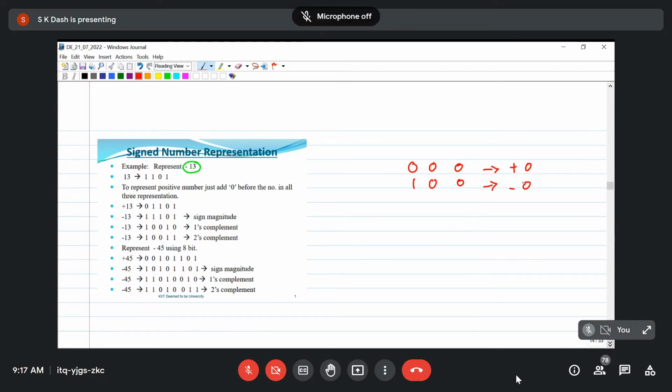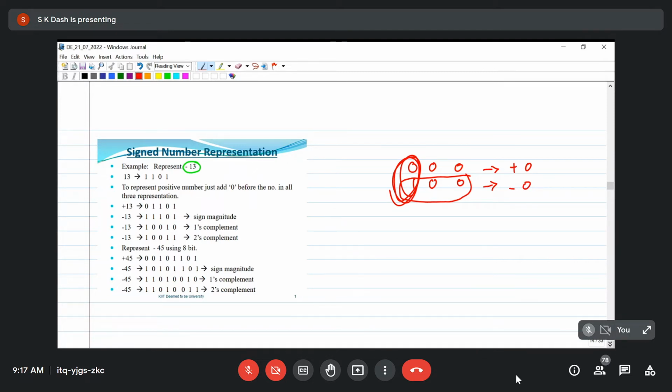This will become minus 0, because this MSB represents the sign. But do you have plus 0 and minus 0? No, sir, we don't. So because of the way we are representing, it is creating a problem. What is the problem? One combination is getting unnecessarily wasted.